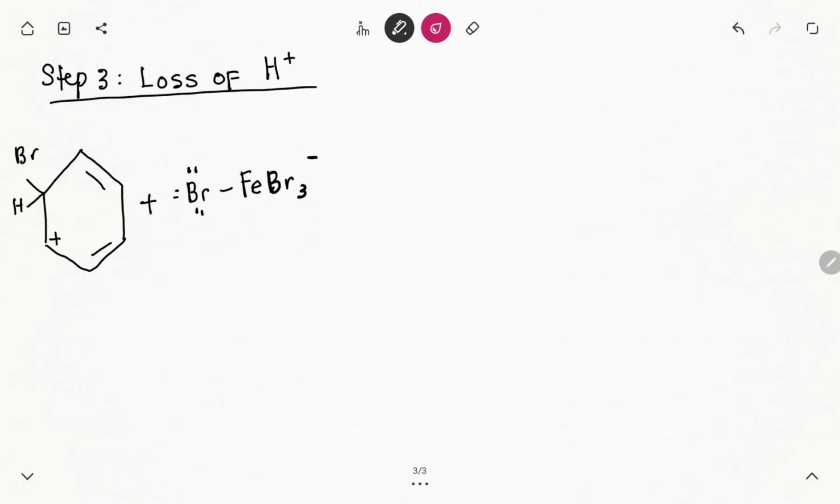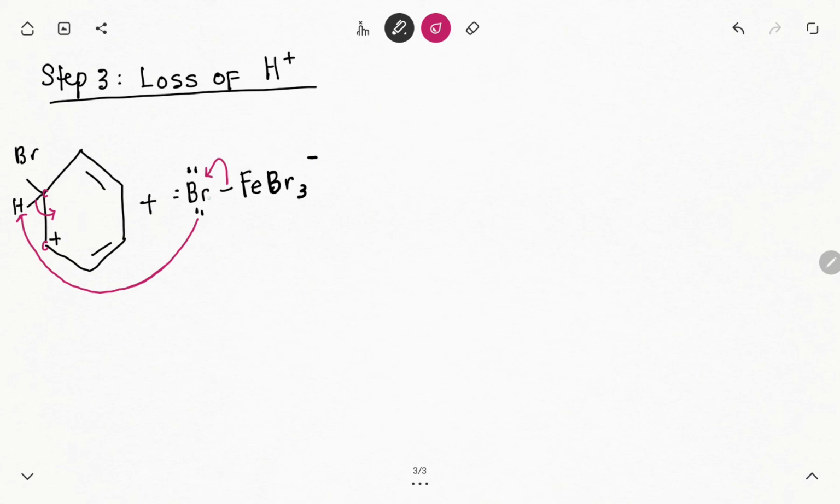The mechanism involves one of the lone pairs here forming a bond with the hydrogen atom, and this bonding pair stabilizes the carbocation and forms a new multiple bond. This occurs simultaneously.